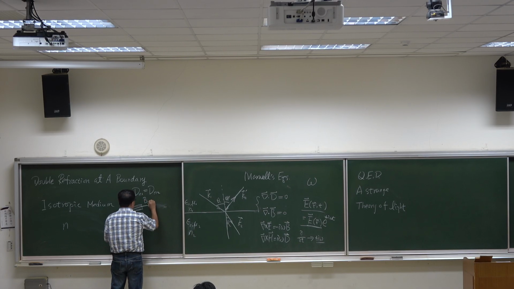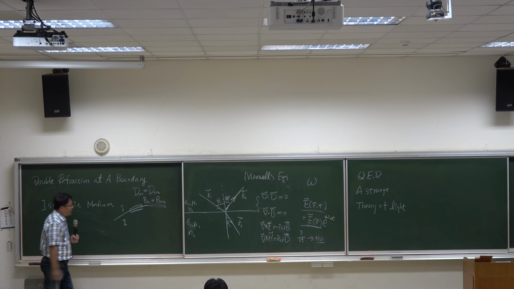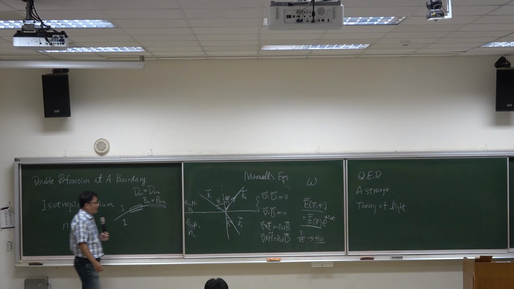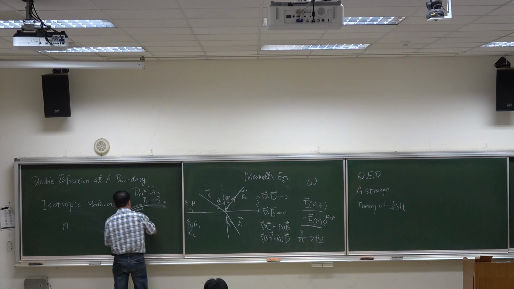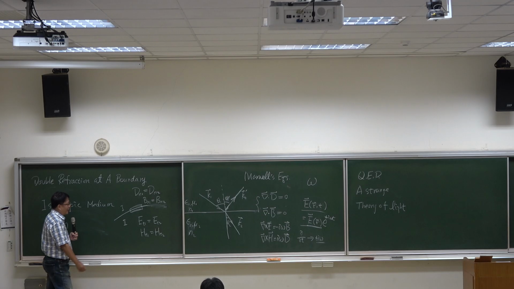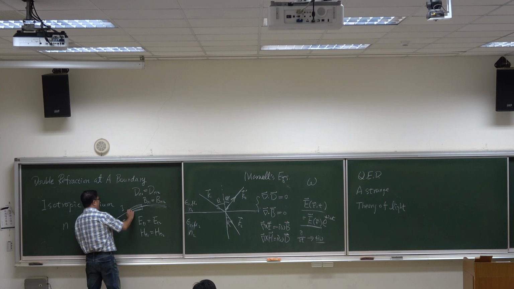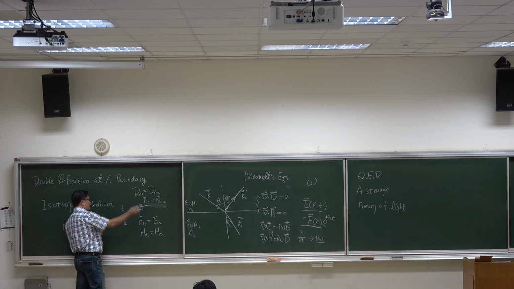The normal component Bn1 is equal to Bn2, and the tangential component of Et1 is equal to Et2, and Ht1 is equal to Ht2. The tangential components of E and H are connected along the surface, on the 2 sides of the surface.